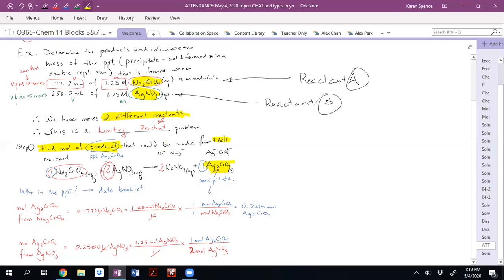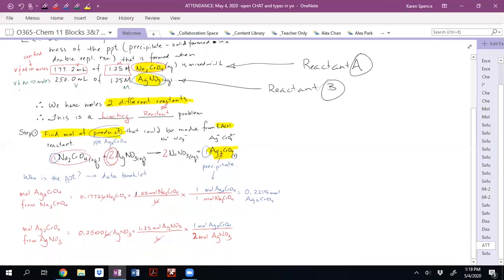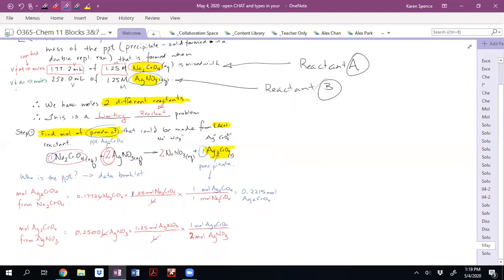Okay, so that's going to be reactant A, which is the Na2CrO4, and reactant B, which is the AgNO3. So volume times molarity will give us moles of sodium chromate, and use stoichiometry to find the moles of your precipitate. That's the one that formed the solid.